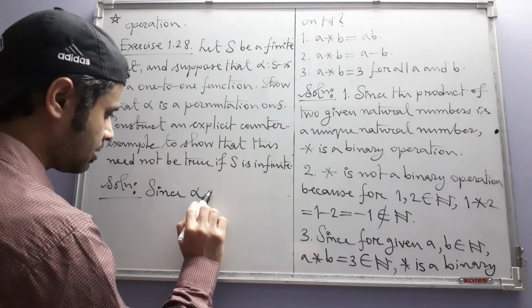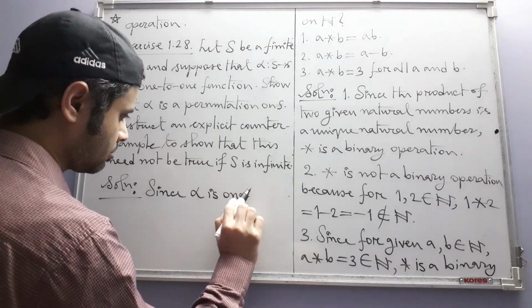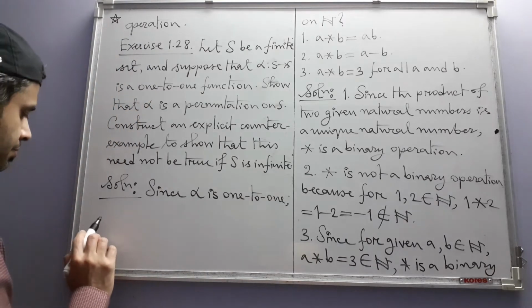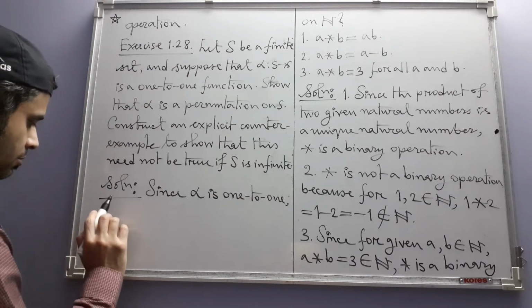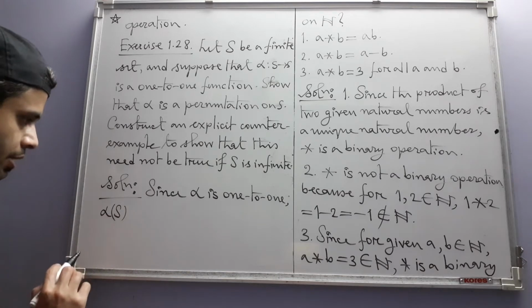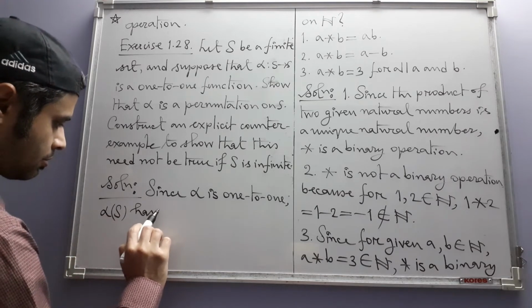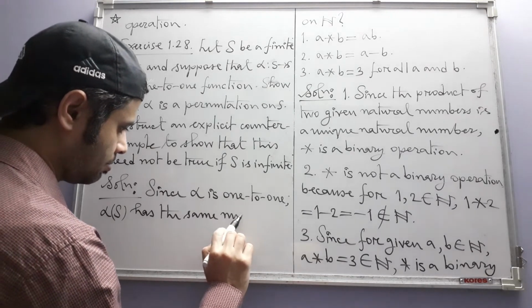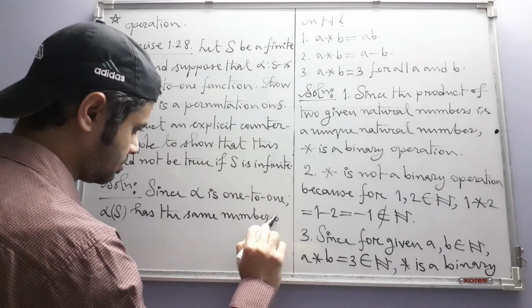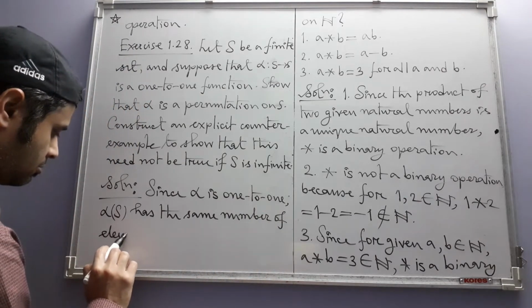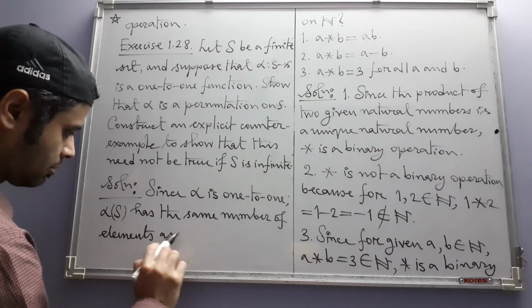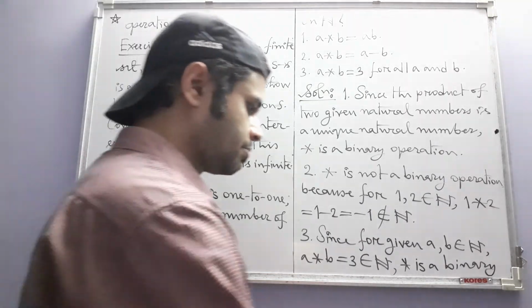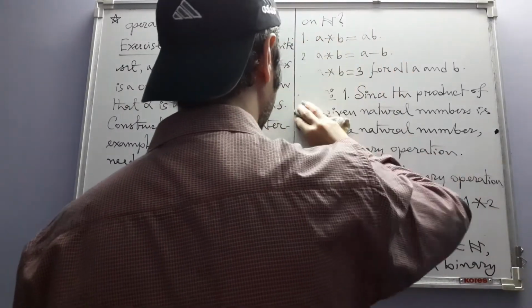Since alpha is one-to-one, the image alpha of S has the same number of elements as the domain S. You can imagine why that is true.